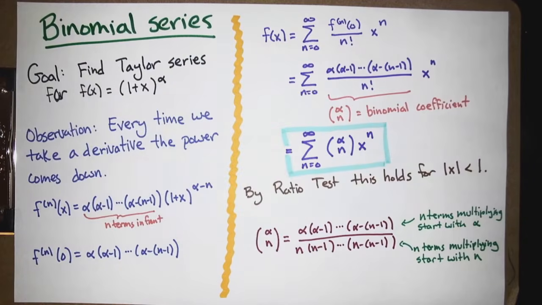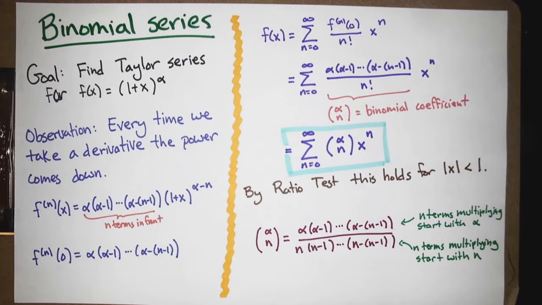All right. Binomial series. So our goal, our last Taylor series, what's the Taylor series for 1 plus x to the alpha? And now it's just a very simple observation. This is a really easy thing to take derivatives of. It's basically like x to the alpha, because the derivative of 1 plus x is 1.